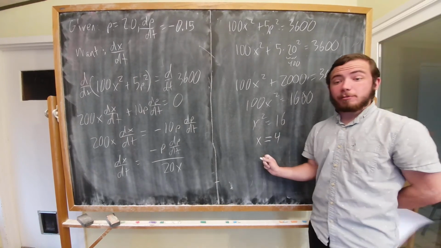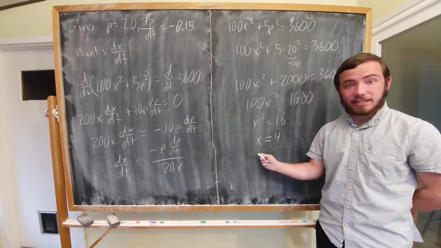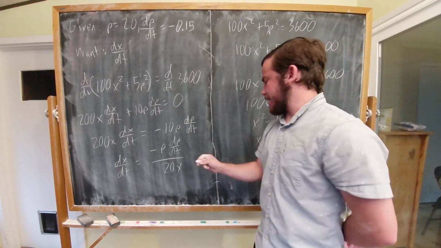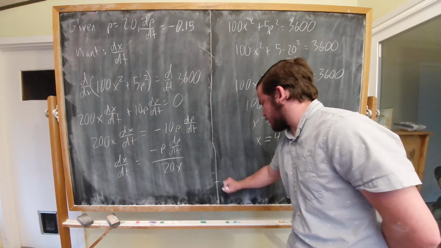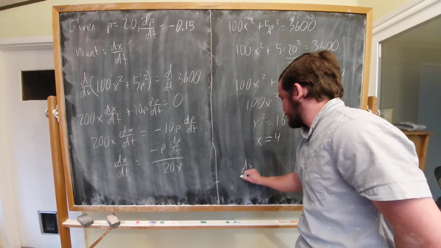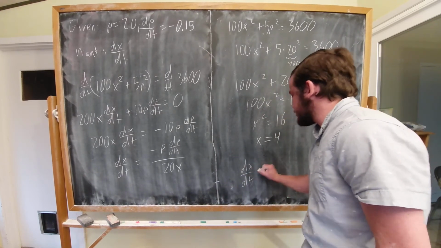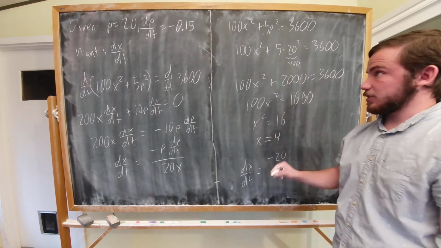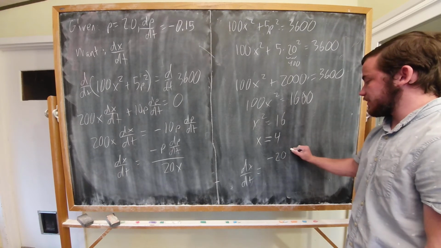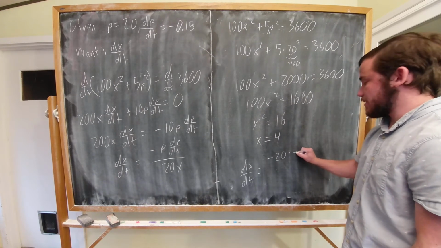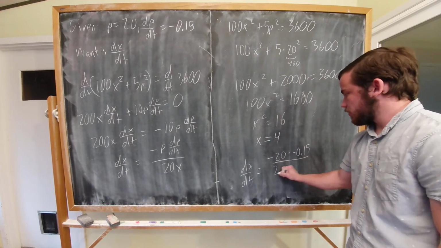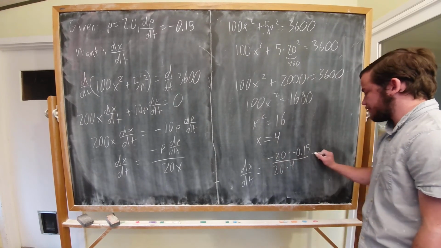Because again, if we're working with quantity demanded, it doesn't make sense for x to be negative, so we take the positive square root. And now, plugging all that information in, dx/dt is merely negative 20, that's our price, times dp/dt, which is negative 0.15, divided by 20 times 4.